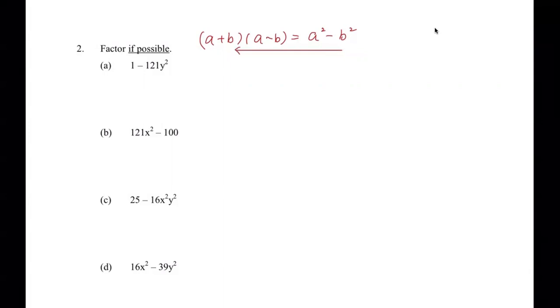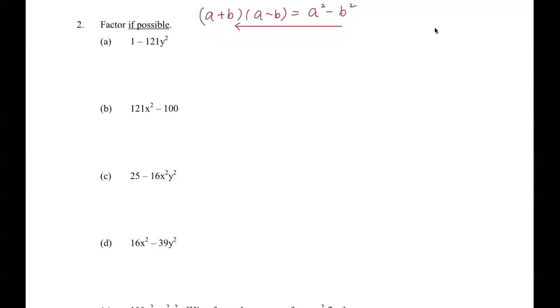Okay, so let's look at A. 1 minus 121y squared. When we see an expression of this form, we need to have the sense that 1 can be written as 1 squared, right?